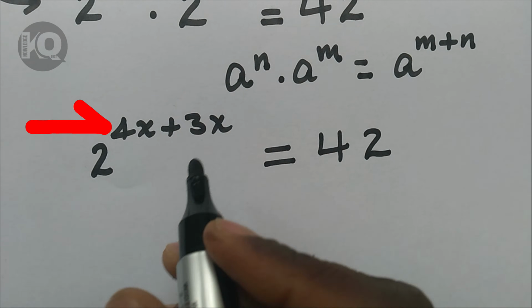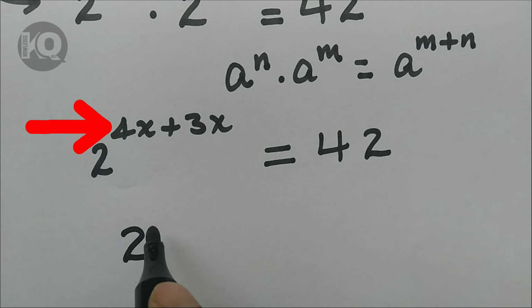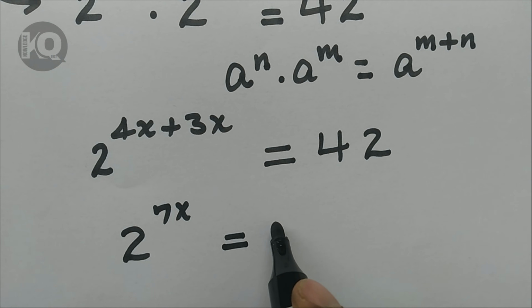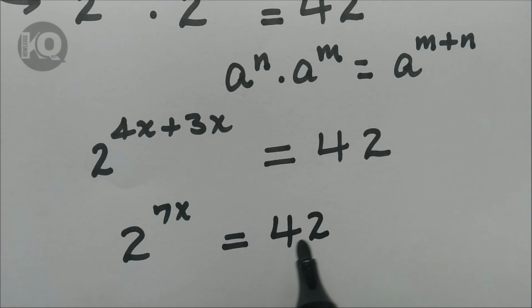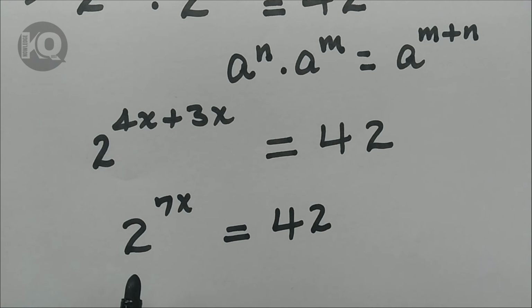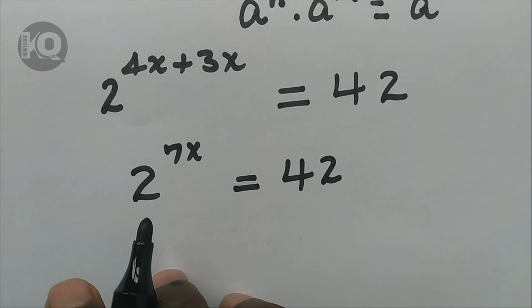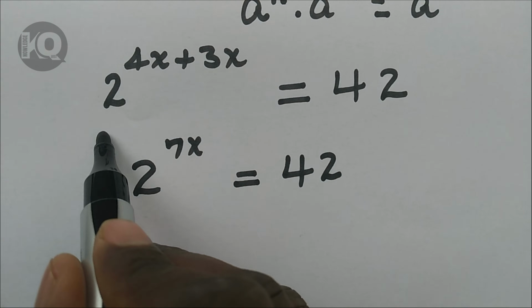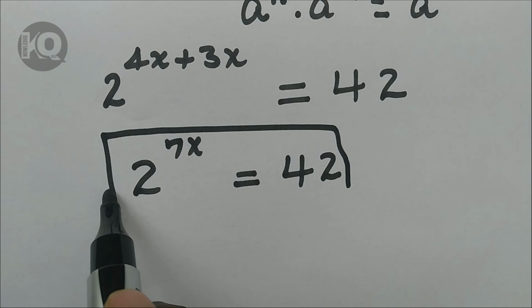Now we can add this and it will be 2^(7x), which is equal to 42.